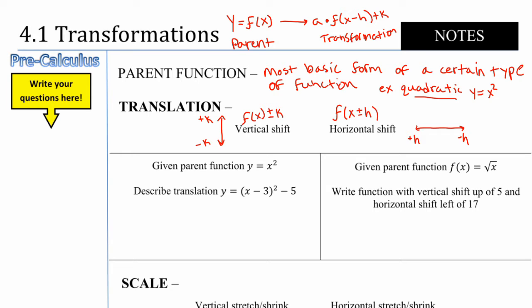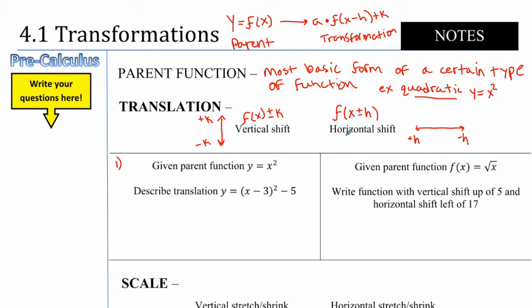Okay, so let's look at a couple examples here. So we have y equals x squared. Let's think about using these rules, how we could describe the translation that's going to happen. We want to try and do this without looking at the graph. So first I see x minus 3 in parentheses.